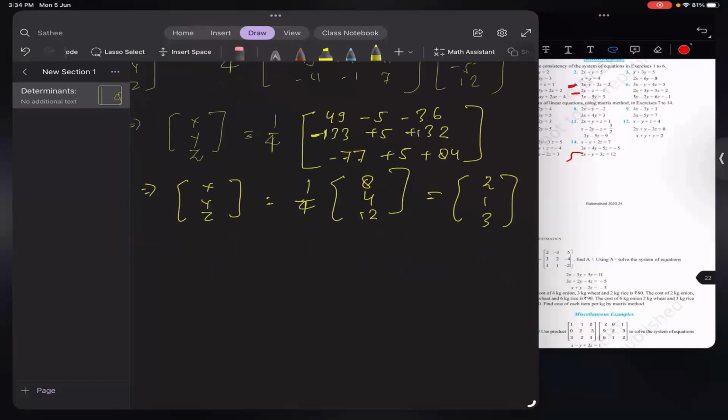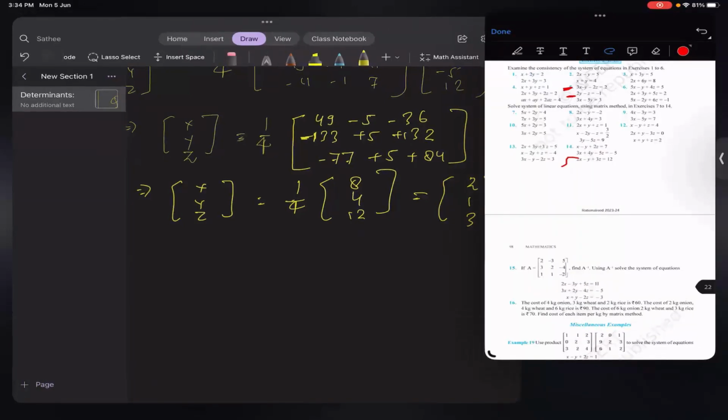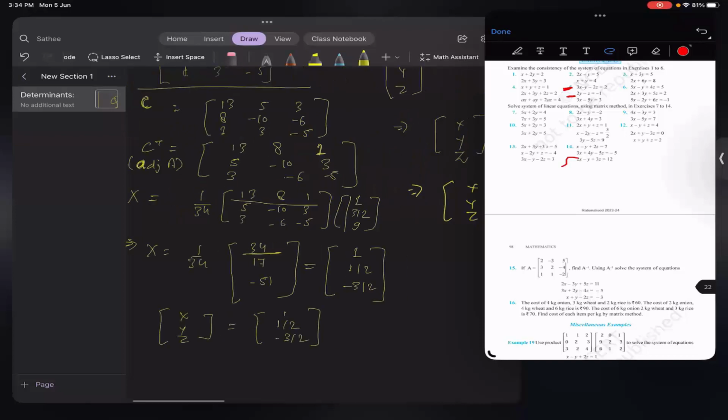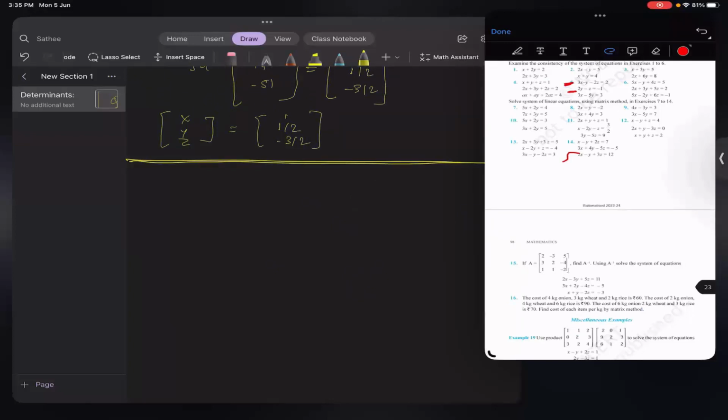Okay. So that's all about this question, and we have solved two questions about equation solving, and for the remaining questions also, you have to just find the determinant at first, and after that you have to approach your question. Okay. So if we take one theoretical question, that is question number 16.